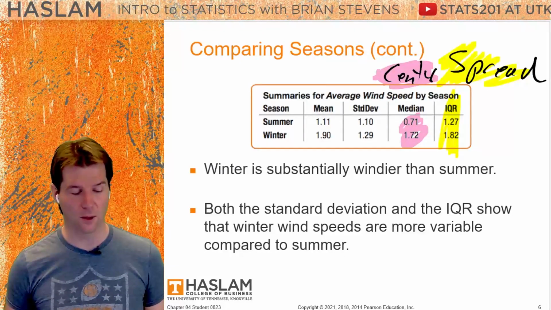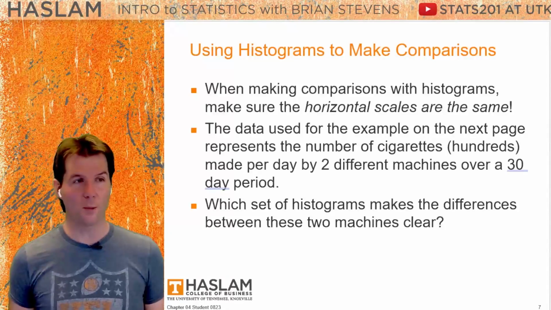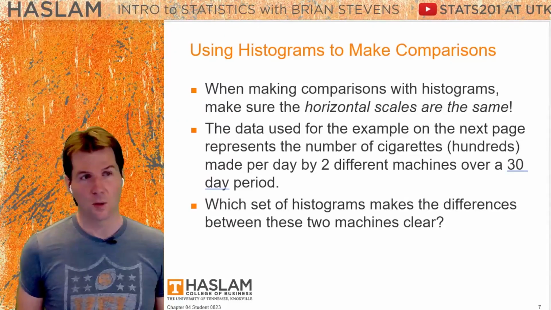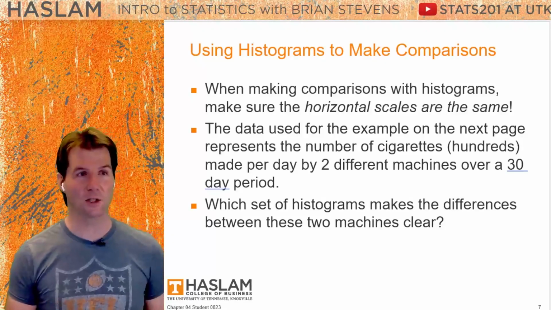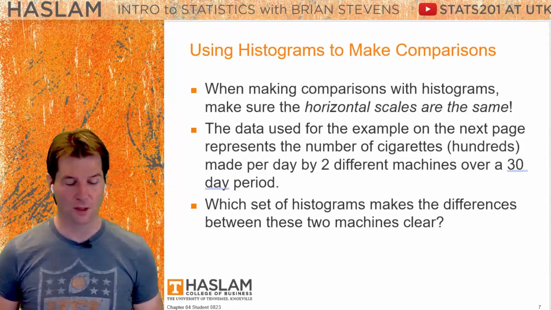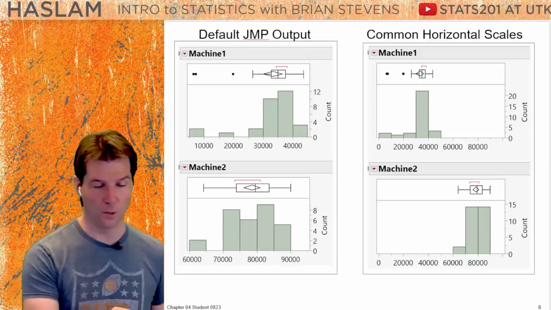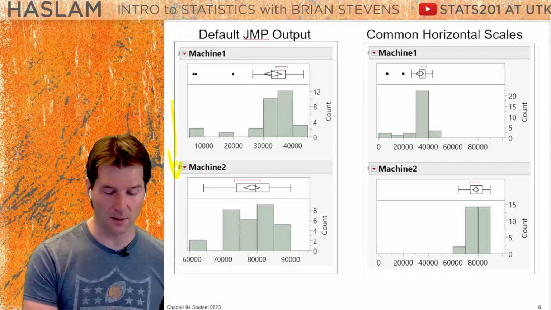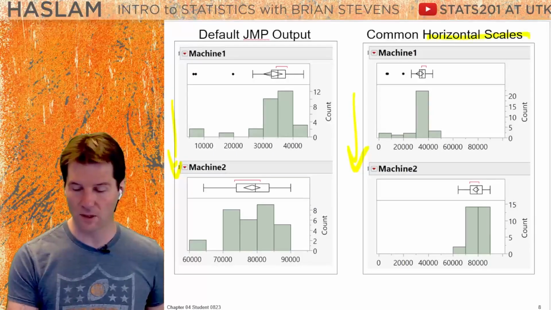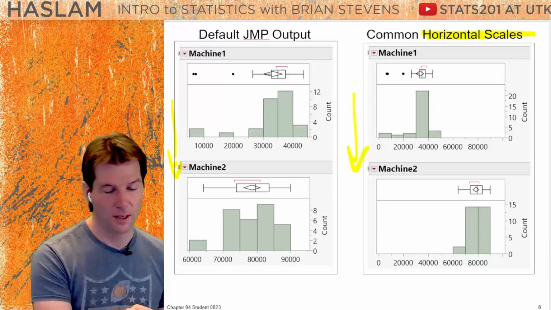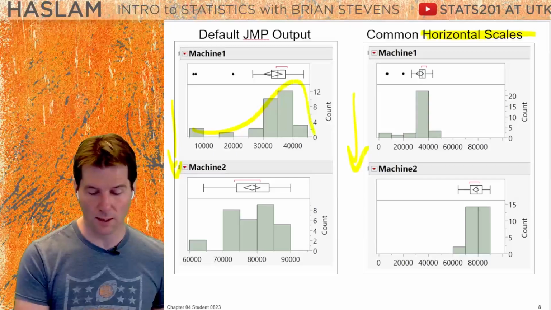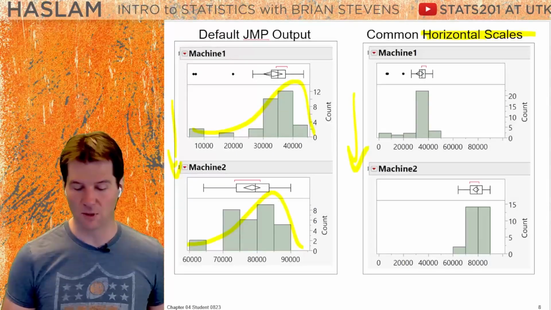So when we make histograms, we oftentimes like to make stacked histograms if there are multiple groups. Now be careful though. Whenever you do stacked histograms, where one histogram is stacked on another, you must make sure to give them the same horizontal scale. It might look to you that machine 1 has a higher distribution than machine 2.